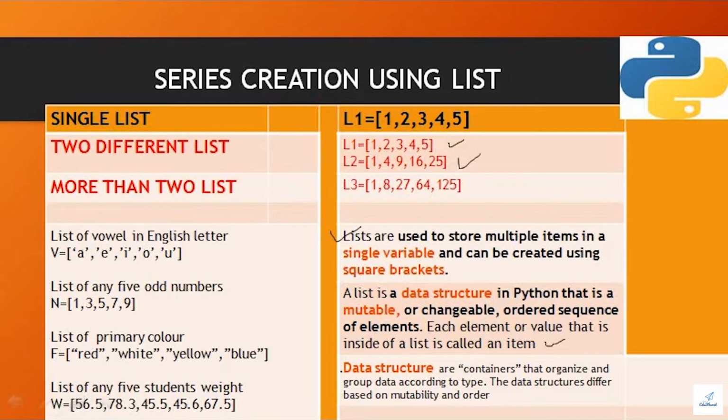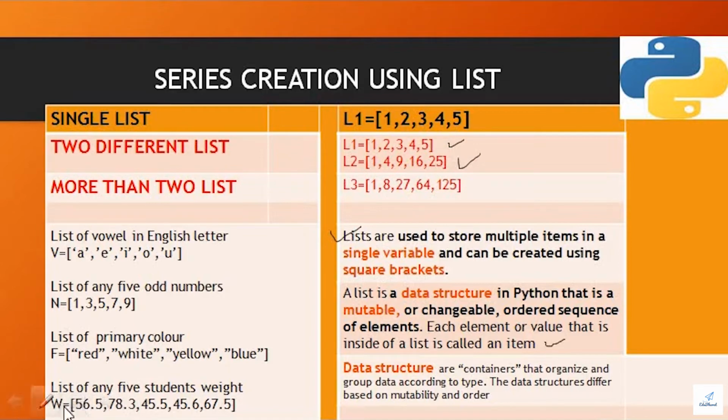We can take a list of primary colors, like red, white, yellow, blue. And last but not least, a list of any 5 students' weights, like 56.5, which is the data type float. You can check it: this is the data type string, this is integer, and this is character. These are the different data types we can use in the creation of a series.